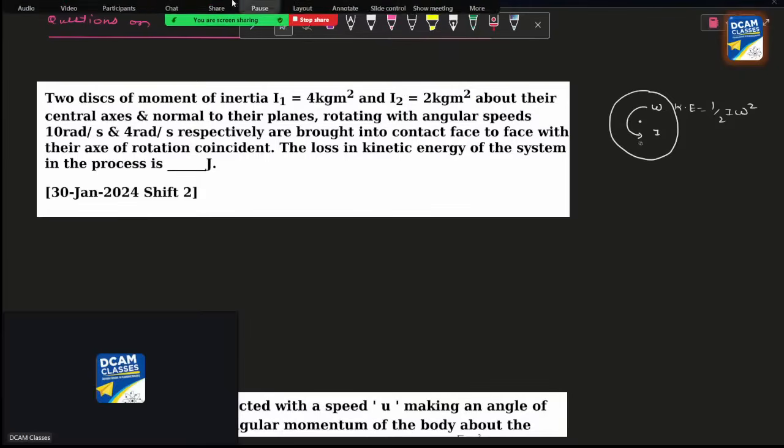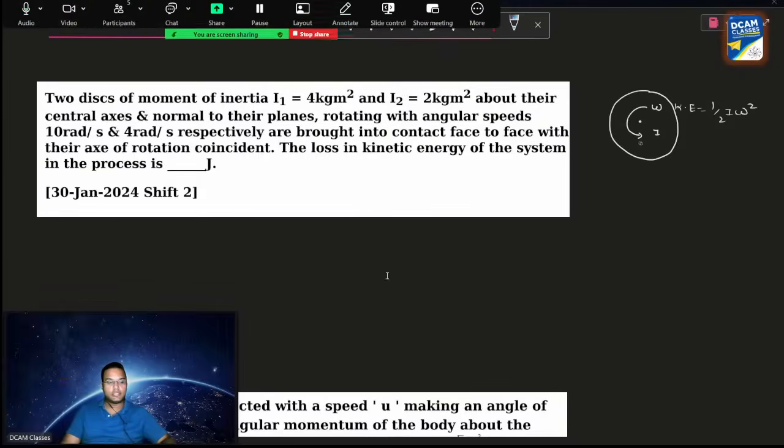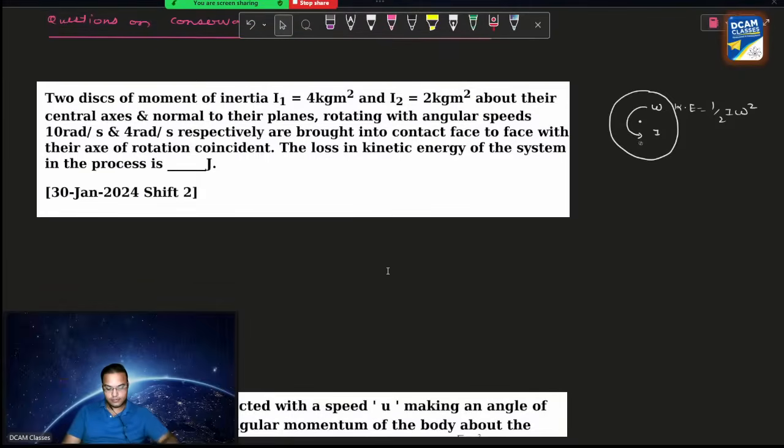Question understood, na? Everyone is able to understand the question? You're able to apply the concept. You're having an idea. If any one of you is not getting the idea how to approach it or how to solve this question, then you can ask me.